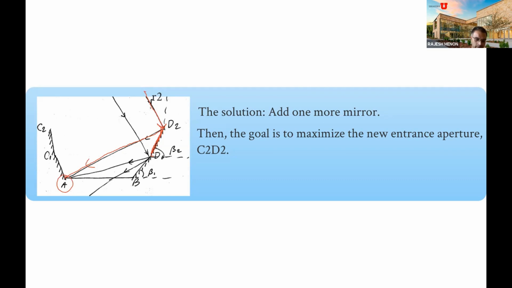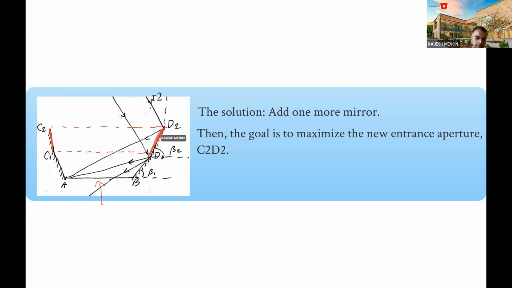This is the original ray we had, and it goes to this edge point here. I added a mirror here, and of course I'm adding an equivalent mirror on the other side, such that I'm going from an entrance aperture which looks like that to an entrance aperture which looks like that, which is a little bit bigger. So now I've increased my entrance aperture without changing my receiver size. So I've increased my concentration factor.